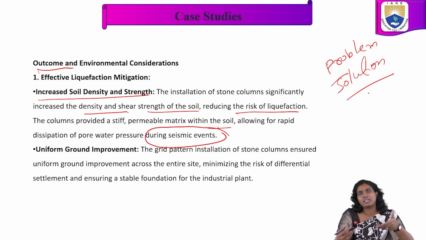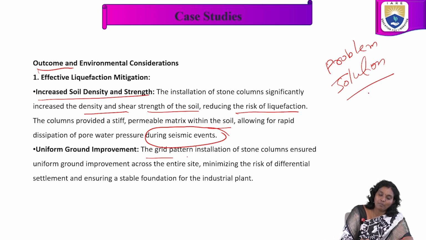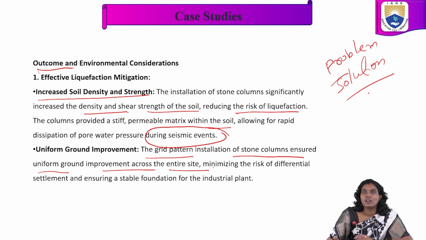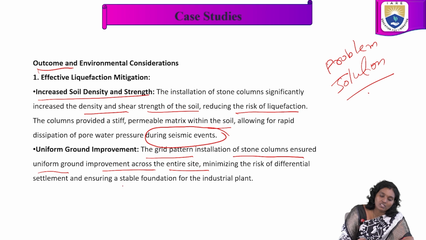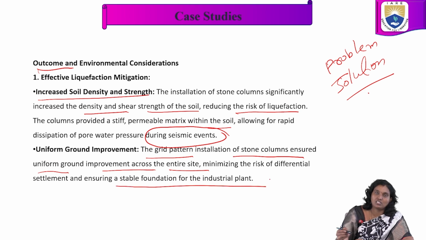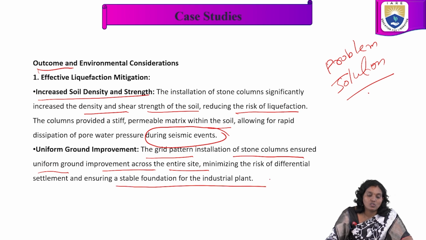Whenever the seismic events happen, we get uniform ground improvement. The grid pattern installation of stone columns ensures uniform ground improvement across the entire site, minimizing the risk of differential settlement and ensuring a stable foundation for the industrial plant. So these are the outcomes we understand in stone column. Here we are increasing what is required at the time of the seismic effect.